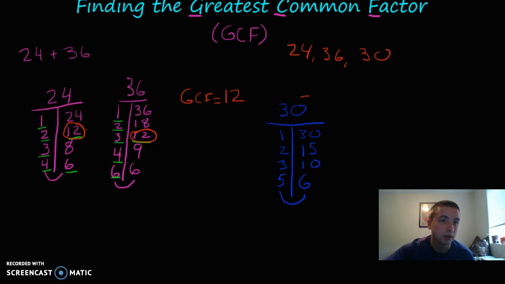Okay, so again, I'll do it with green to keep it similar. So they have 1, they have 2, they have 3, they have 6.